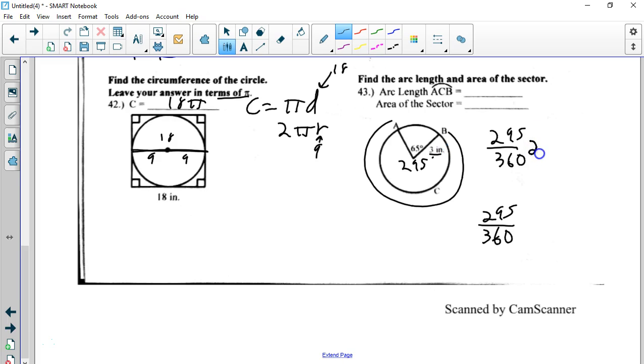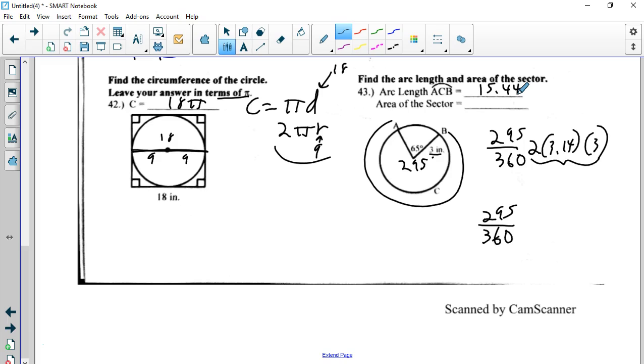So all we put here is 2 times 3.14 times the radius. This is just the circumference formula, 2 pi r, which we just talked about over here. So you take the central angle divided by 360 times the circumference formula to get the arc length. And we end up with 15.44.